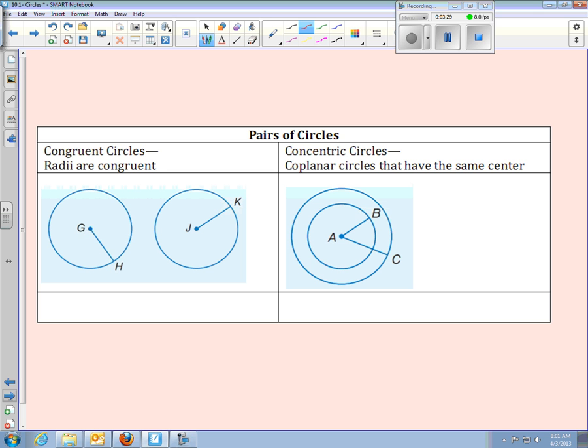All right, congruent circles. Congruent circles occur when the radii are congruent. And so since we know that GH is congruent to JK, then we know circle G is congruent to circle J. We also have concentric circles. Concentric circles are coplanar circles that have the same center.